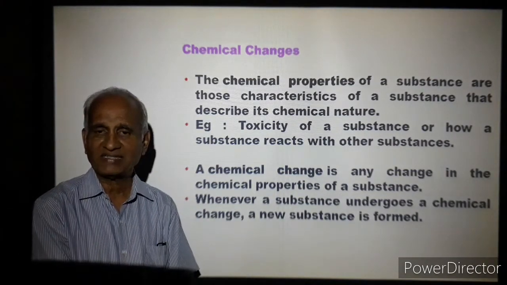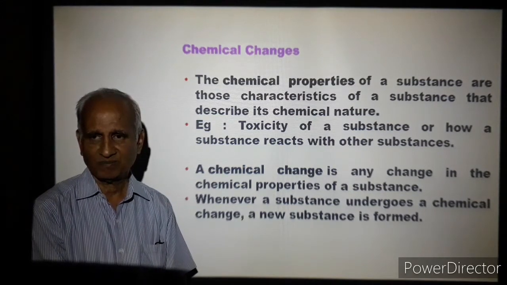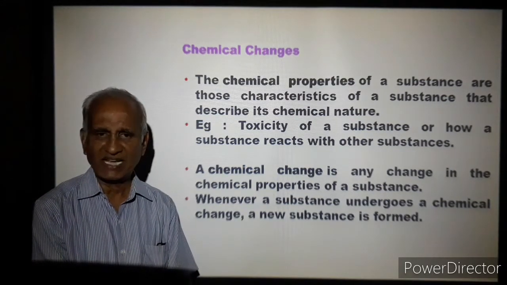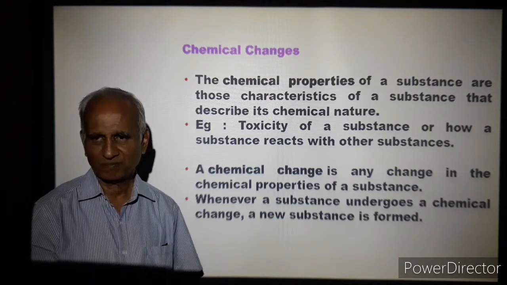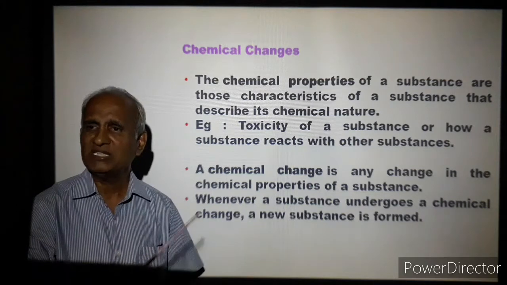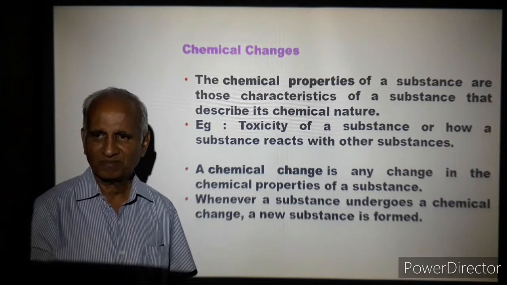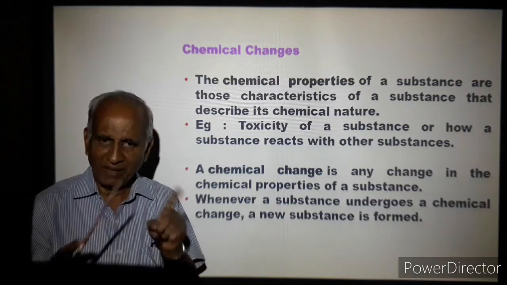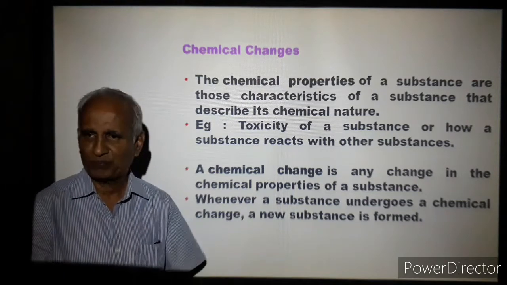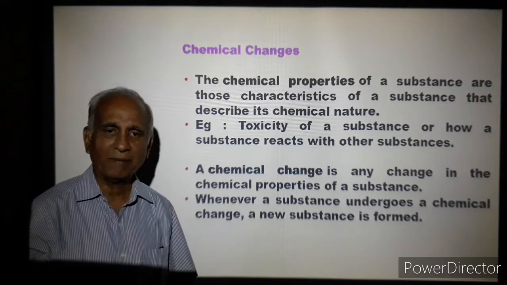Then you call it a chemical change. When a chemical change takes place, you cannot get it retraced. You cannot get back the original materials because it is a chemical change. The very makeup of the material will undergo a change, a chemical change.